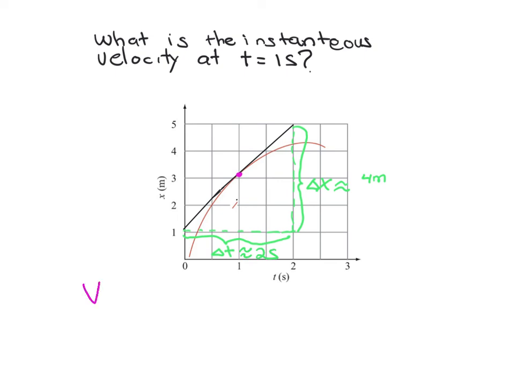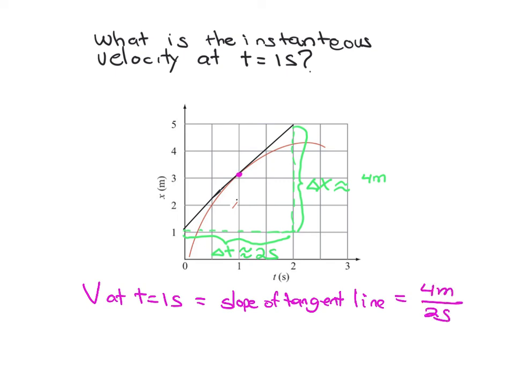So again, by definition, the instantaneous velocity at t equals 1 second is equal to the slope of this tangent line, and that slope is about 4 meters divided by 2 seconds, or plus 2 meters per second.